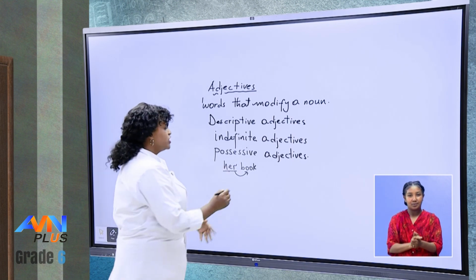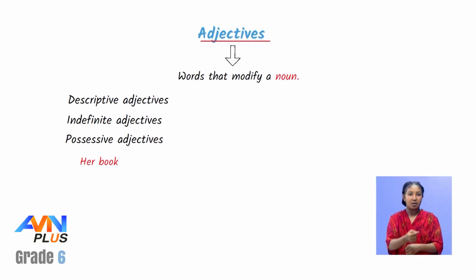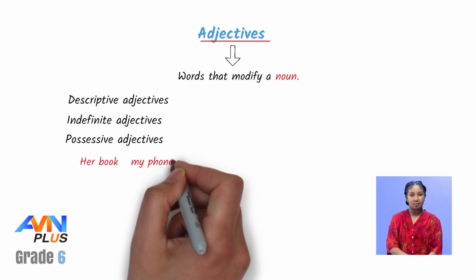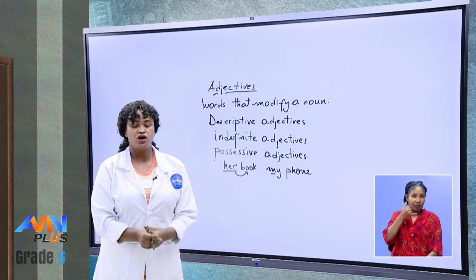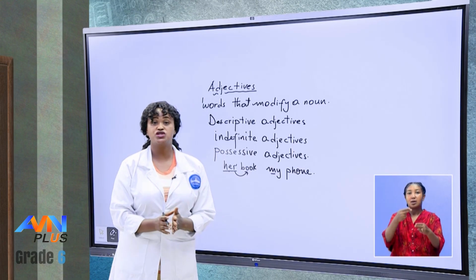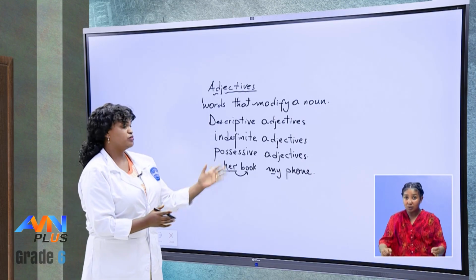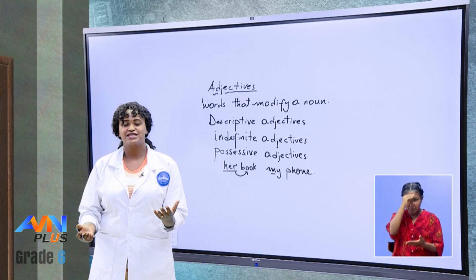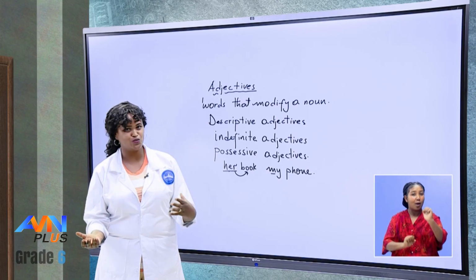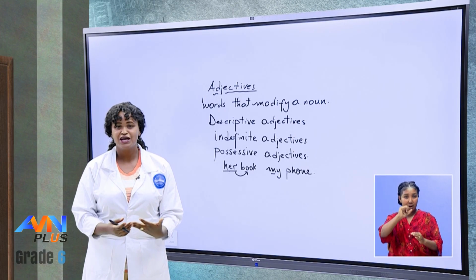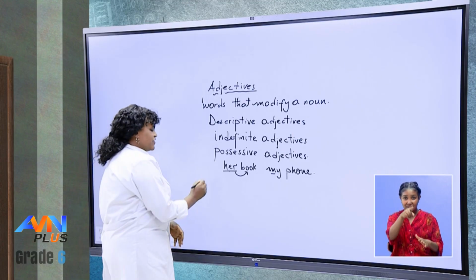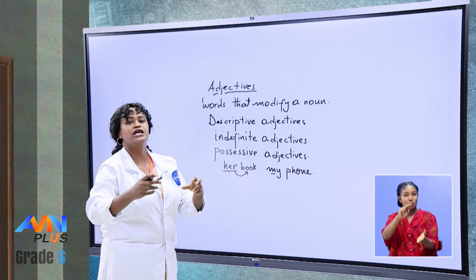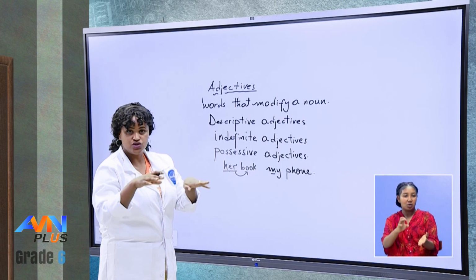Or you can say my phone. My phone. Yeah? This time it is 'my'. So the possessive pronouns are also categorized under the possessive adjectives. What else? Do you say the comparative and superlative adjectives? Wonderful. The comparative and superlative adjectives are those adjectives that can help you to compare and contrast, right?